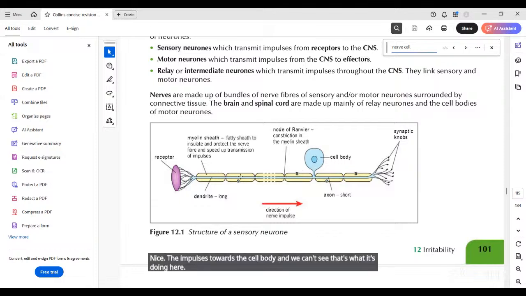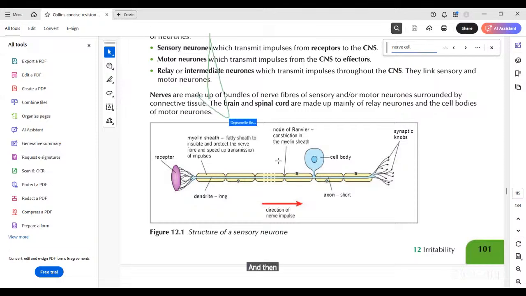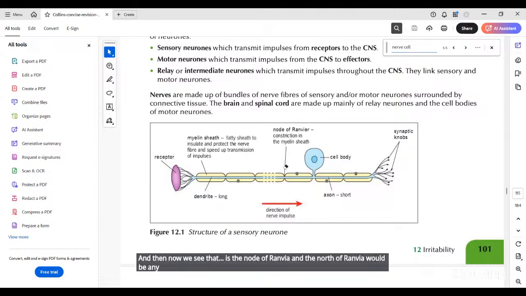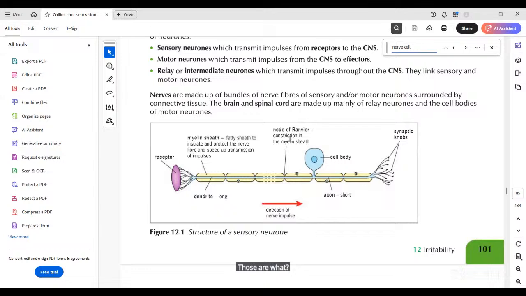Right? And then we see that here is the node of Ranvier. The node of Ranvier would be any constriction, the gaps in between. Those are what the nodes of Ranvier are. Go ahead, Douglas. Yes, sir.